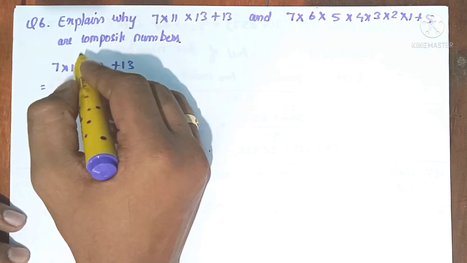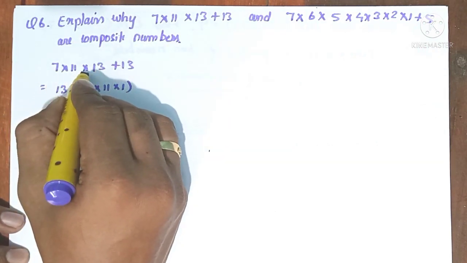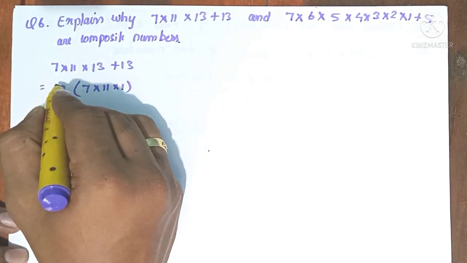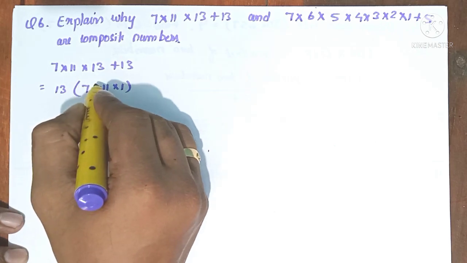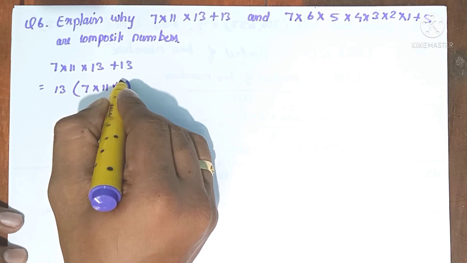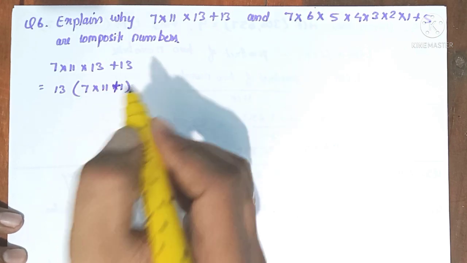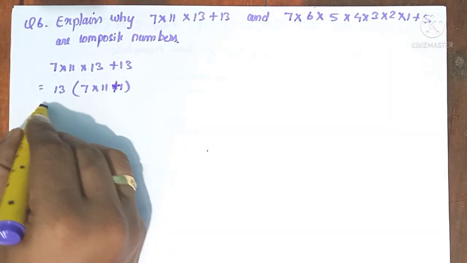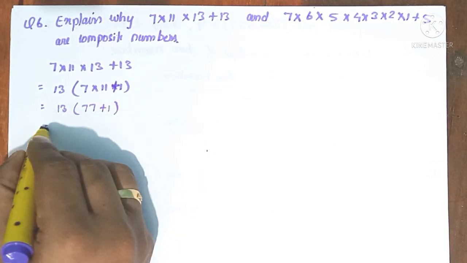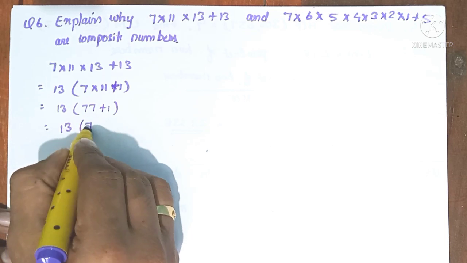So we can take the first number here, 7 into 11 into 13 plus 13. From here we can take 13 as common. So 13 into 7 into 11, this will be plus 1. That is 13 into 77 plus 1, that is 13 into 78.